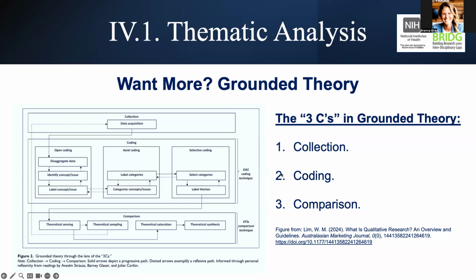Once we finish that coding piece, then we can move on to comparison. So we'll use theoretical sensing, theoretical sampling, theoretical saturation, and theoretical synthesis. So this is where we're going to engage in those types of data saturation. We're going to compare our findings both to the literature, to other groups, other categories, other themes, and to those of other researchers.